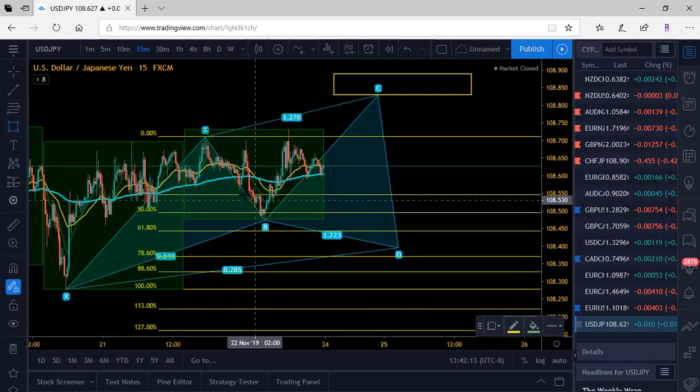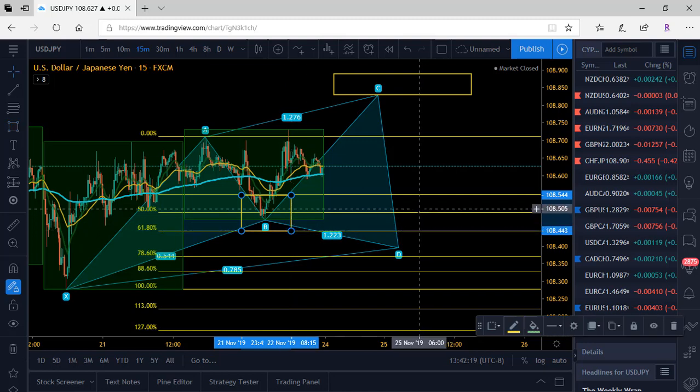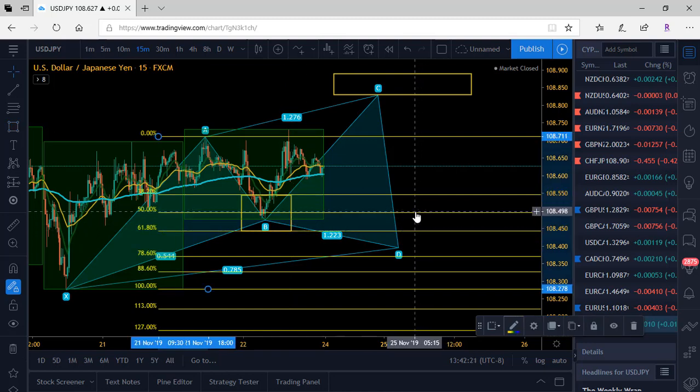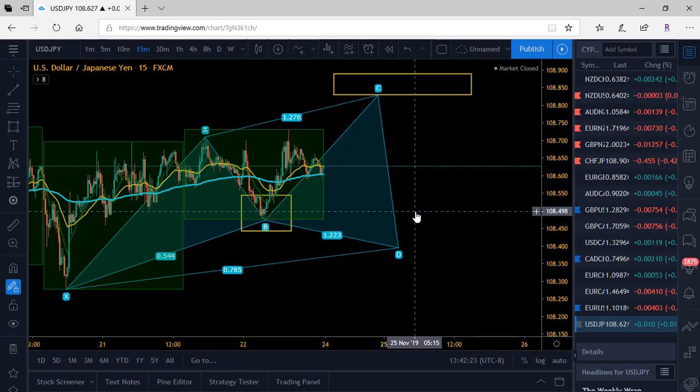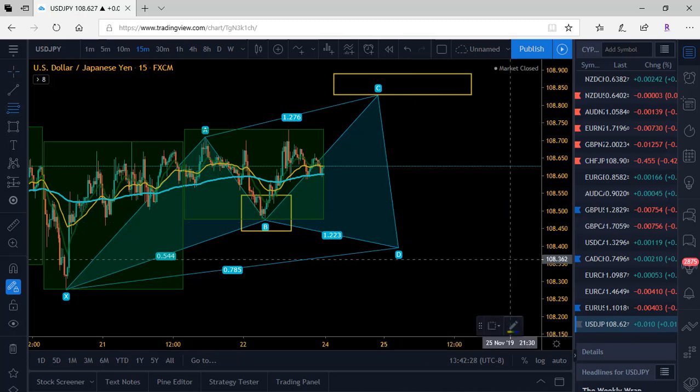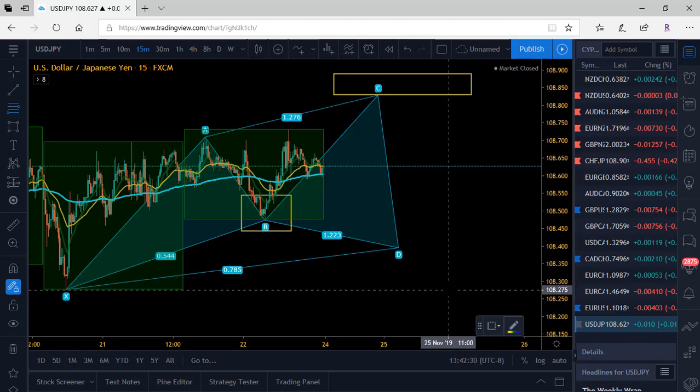This is the kill zone for the B point on the Cipher. Therefore, it's a valid B point for the Cipher. And the D point completes at the 78.6 from X to D.